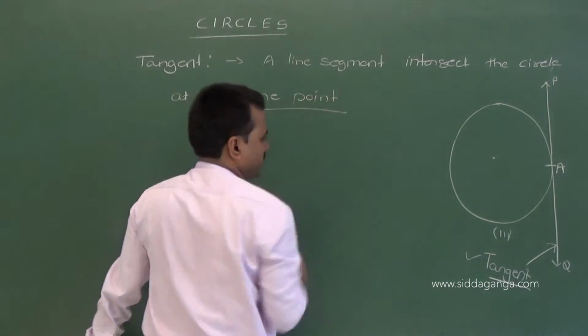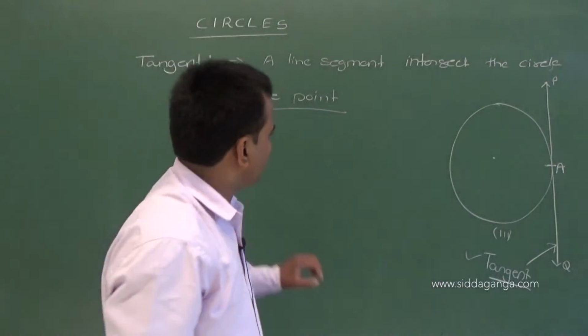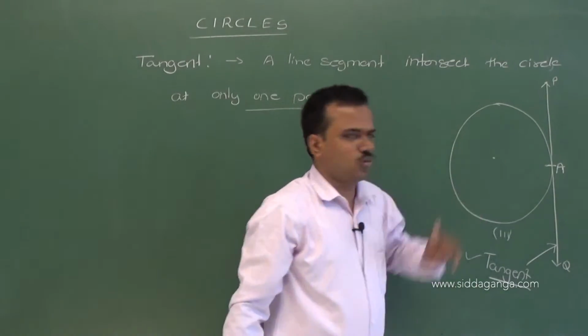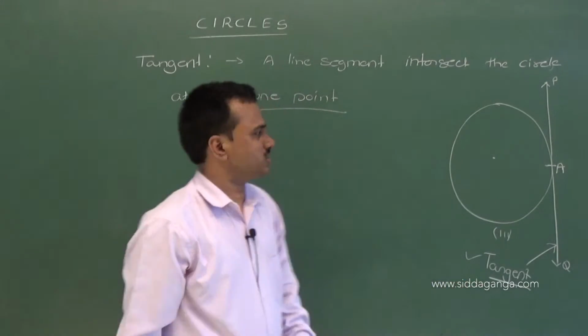This is very important. A line segment that intersects the circle at only one point, then we call it a tangent.